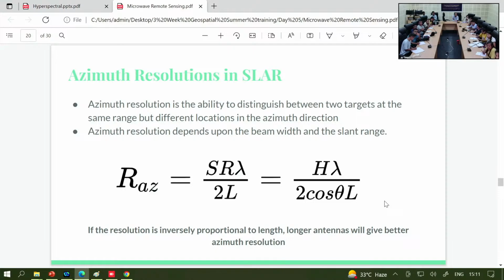That fixed length will be much smaller than the effective length. Because of that, with synthetic aperture radar we are able to get good values of azimuth resolution.